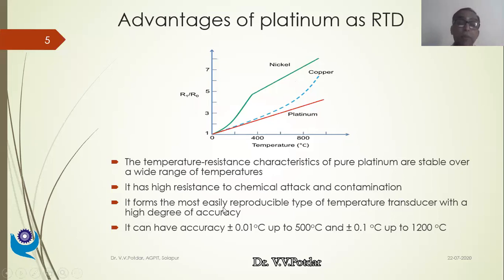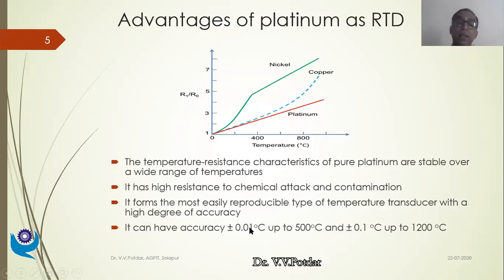It forms the most easily reproducible type of temperature transducer with a high degree of accuracy. The accuracy of platinum as an RTD material is also very high. It can have an accuracy of plus or minus 0.01 degree Celsius up to 500 degrees Celsius. Very good accuracy value. We studied these static performance characteristics.